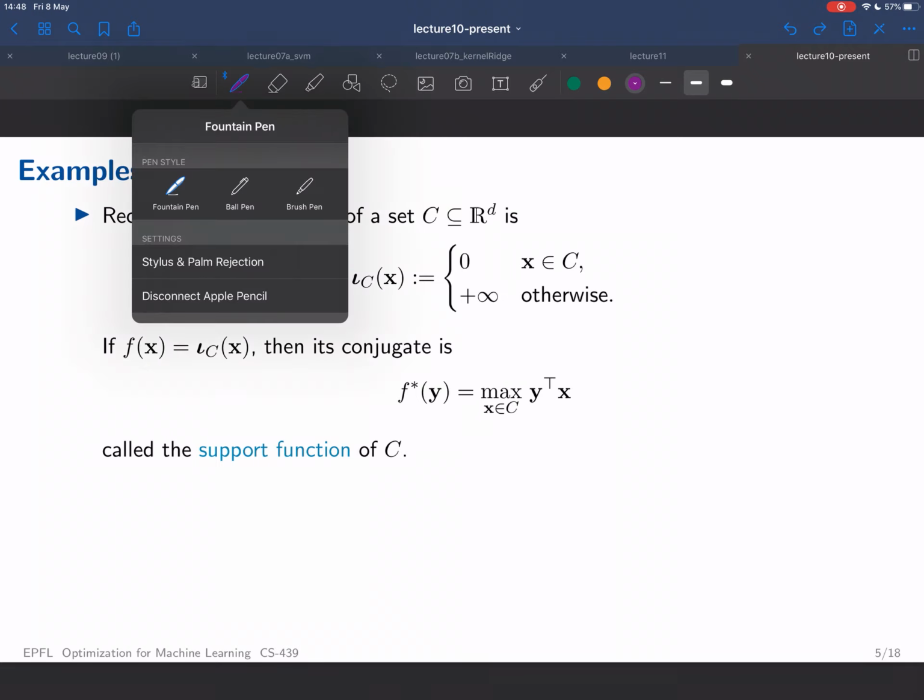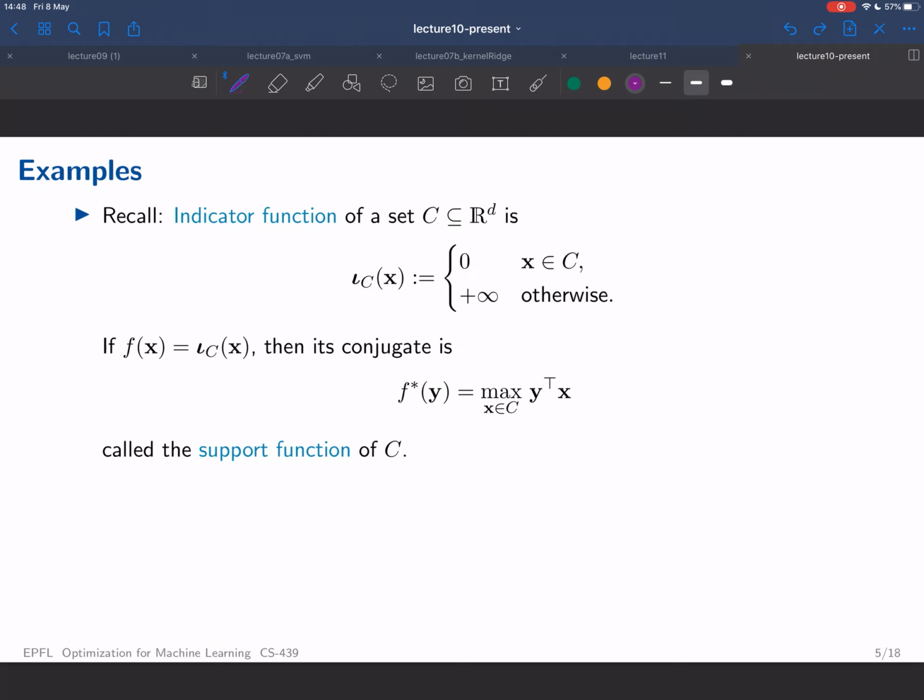Let's say on the x-axis you have your set. The set is called C. Now there's a function associated with this. This axis here is R^d, and let's say the set C is a subset of this space.